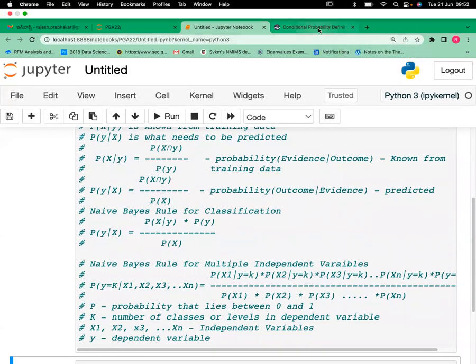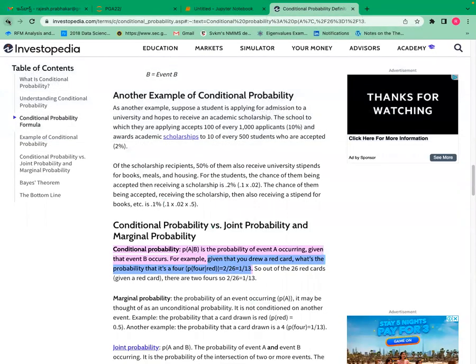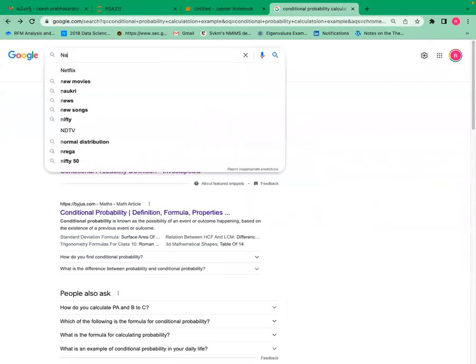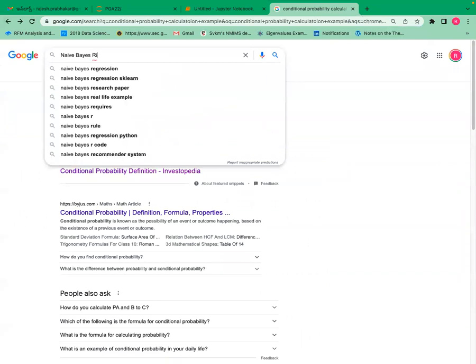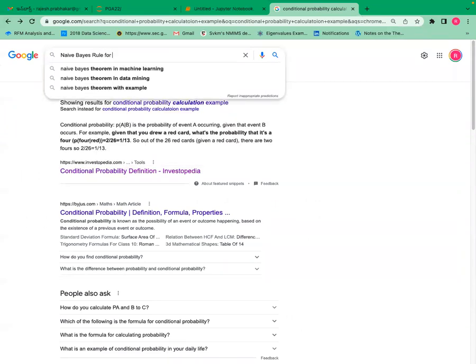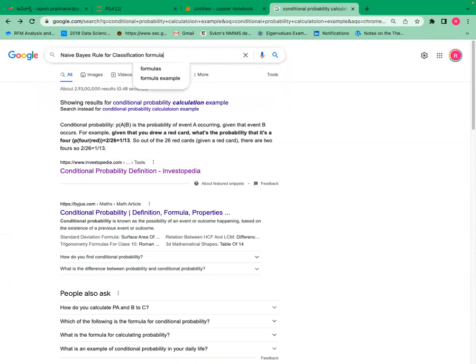So if you are looking at the formula, Bayes rule for classification formula.